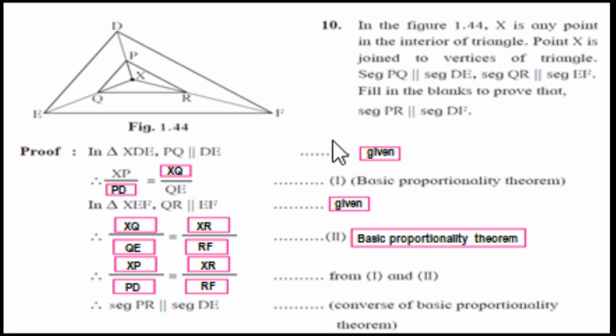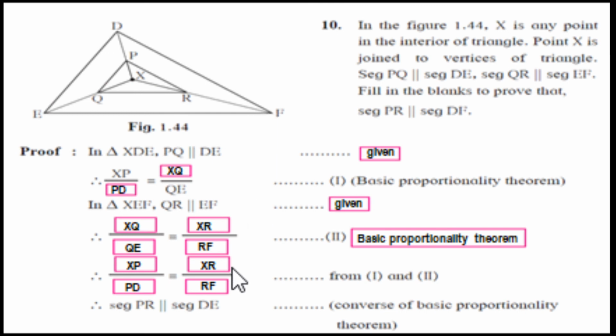Now that is point number 2. Now see point number 1 and point number 2. The right hand side of point number 1, XQ upon QE, is equal to the left hand side of point number 2. Therefore XP upon PD is equal to XR upon RF.